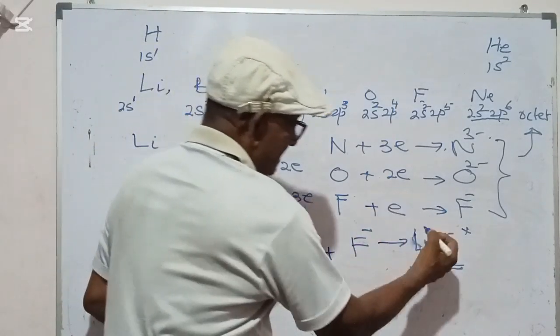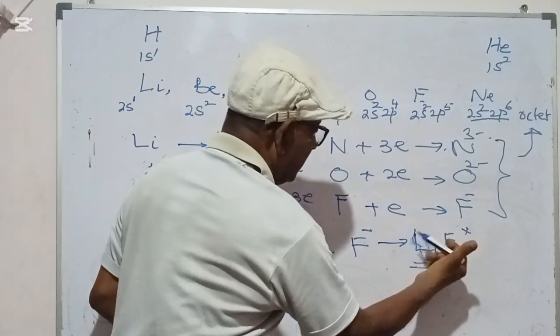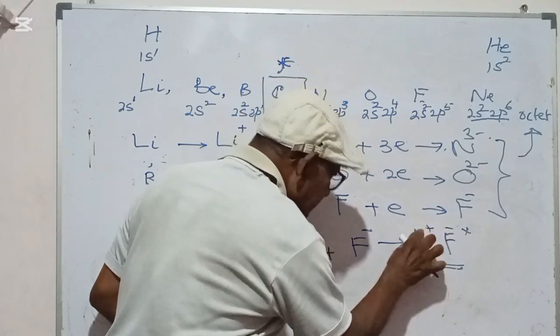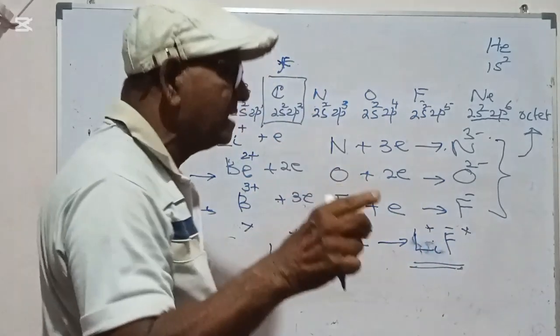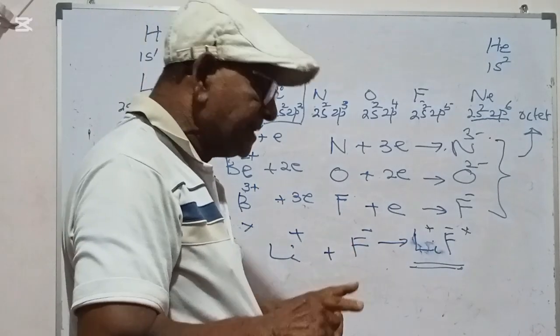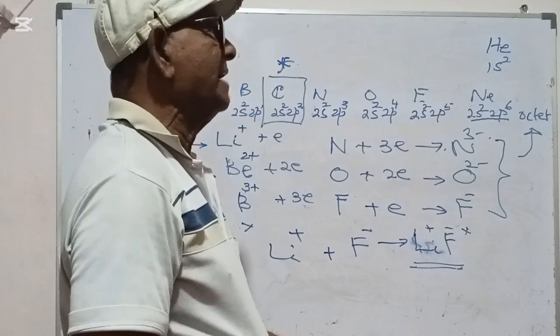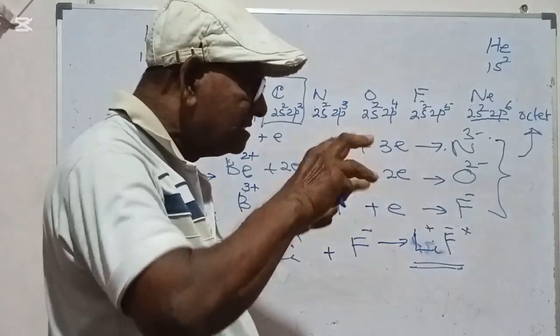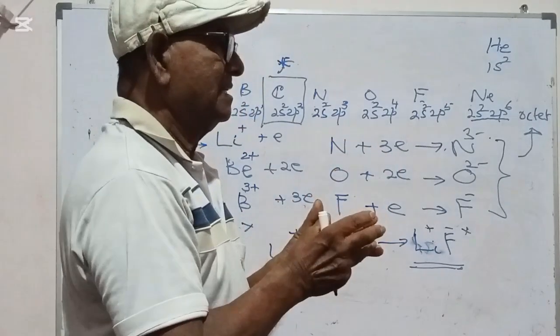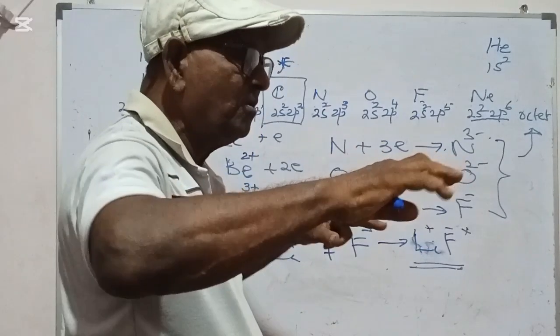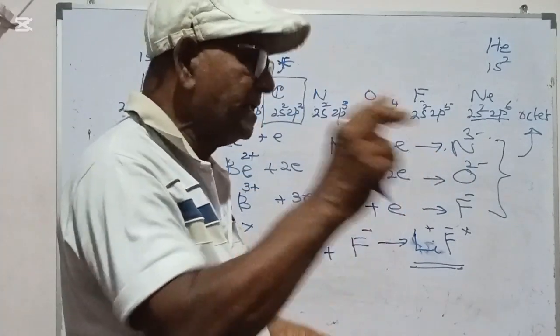These charges, plus and minus, are really present. These attractions are explained as electrostatic attractions. Do you remember static electricity? The electricity doesn't flow, it remains static.